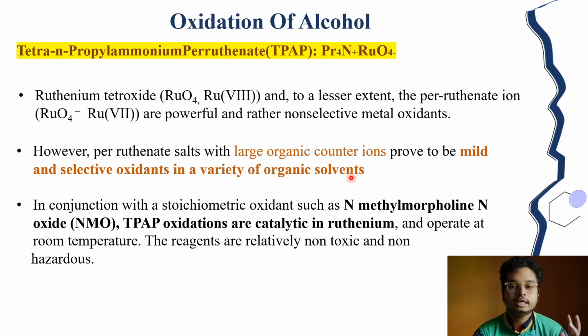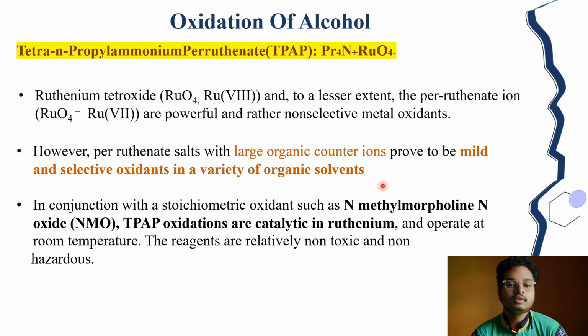As I already discussed previously, ruthenium tetroxide is a very vigorous oxidizing agent. It will directly oxidize alcohol to acid. But in the presence of the perruthenate ion, where ruthenium is in the +7 oxidation state, and this bulky organic counter ion part, the selectivity increases and the reactivity decreases.